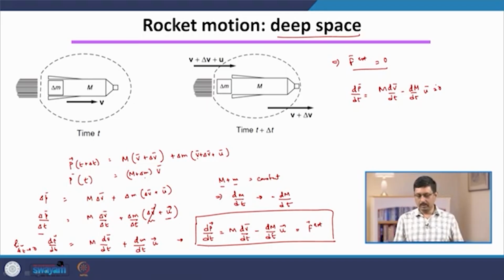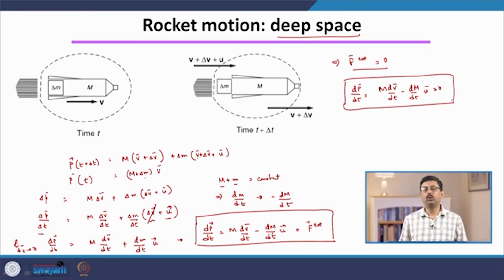Now, once we derive some relation, one thing you should always do is to think about whether it makes sense. So, let us check the sign. We expect that because of the fuel ejecting, the rocket should accelerate, which means dv/dt should be positive.